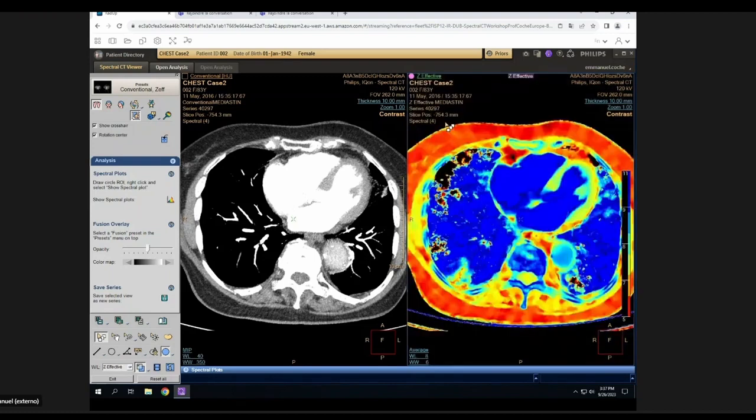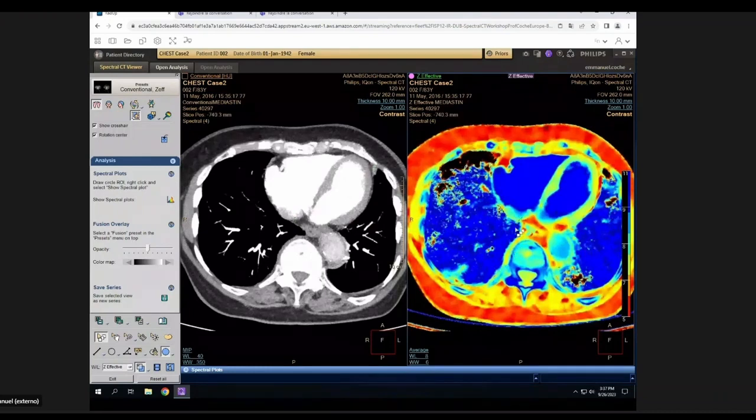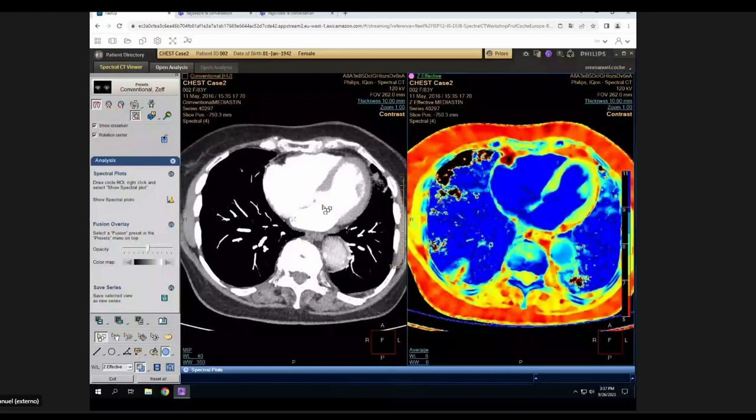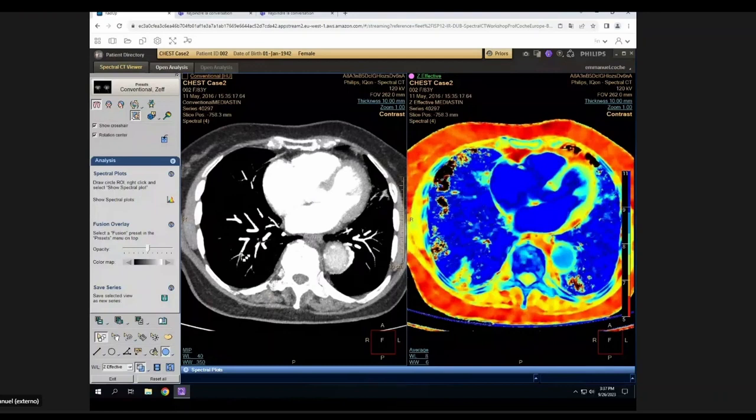Z effective, and you see there is a triangular shape defect here in relationship with some pulmonary embolism. So here, if we go there, you see there is a clot here obstructing a peripheral branch of the posterior basal pulmonary artery on the right side.